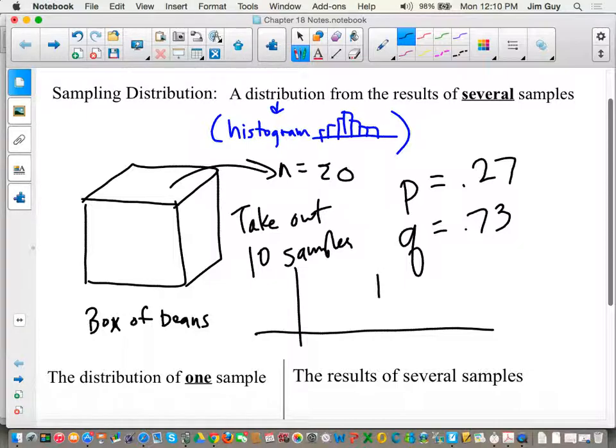And when you're done, you're going to get a distribution. So we did the same thing over and over again. Does that make sense? Right around here in the middle was the 0.27 or 0.25 or whatever that average is going to be. It should be right around what it's supposed to be, 27%.